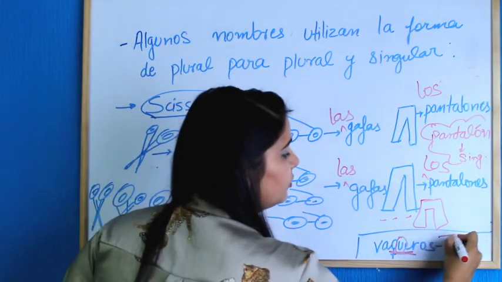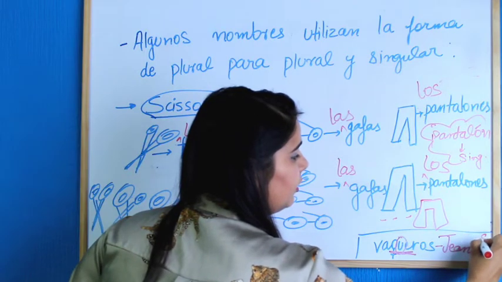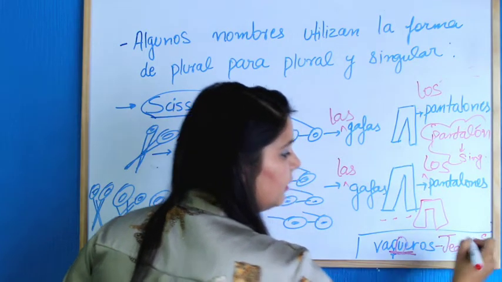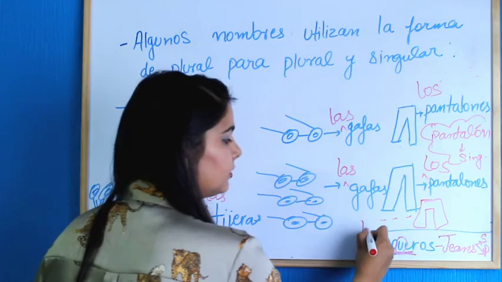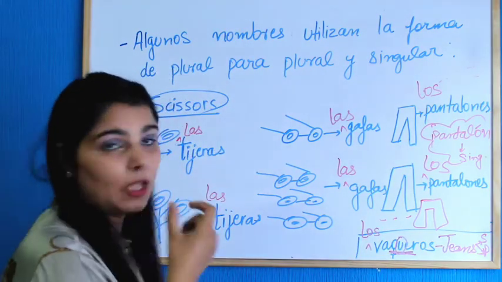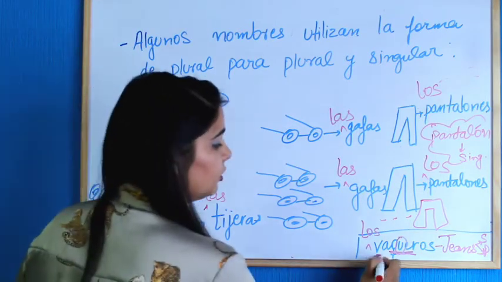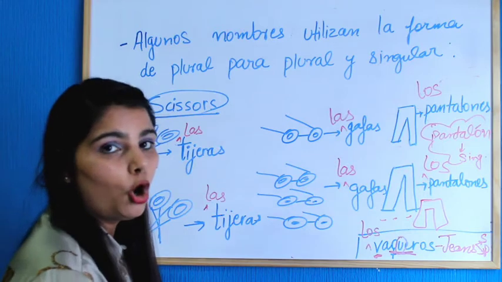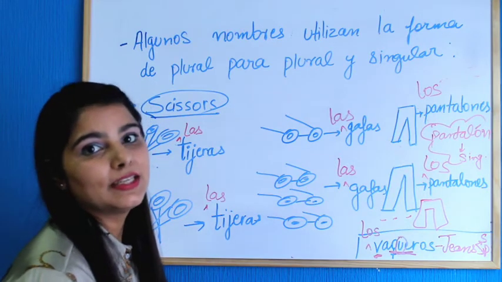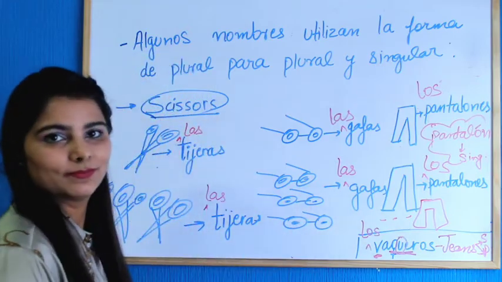Vaqueros is jeans, singular or plural, and it's masculine, so it's los vaqueros. See, it's vaqueros, not with a V sound, because this V or V de español always gives the B sound, como la B de español, okay? So los vaqueros.